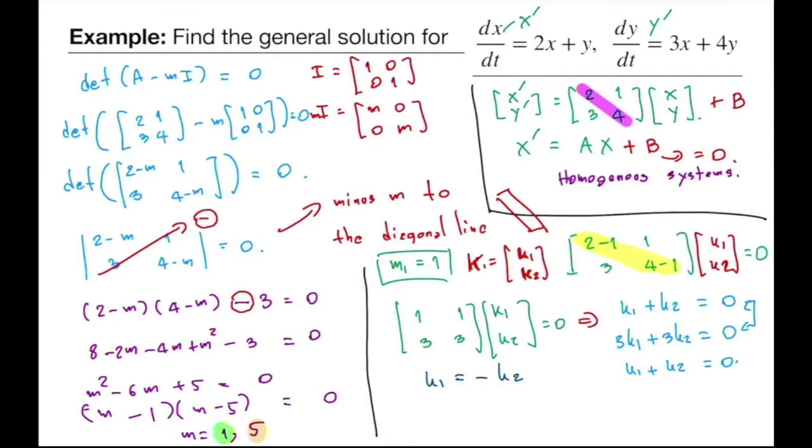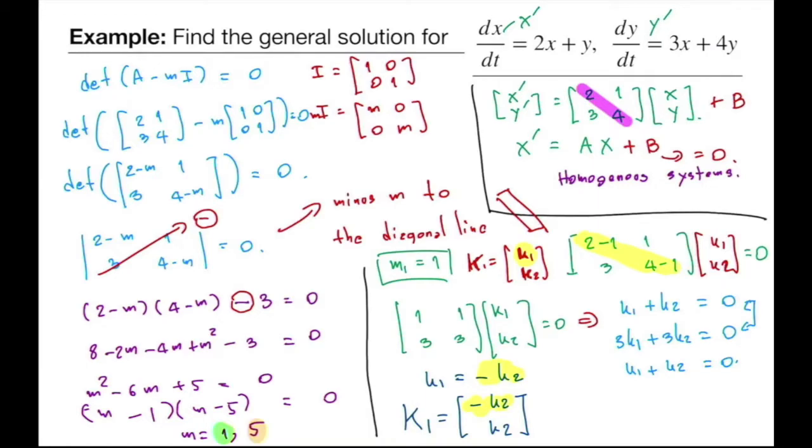So our big vector K1 would be [k1; k2], but k1 is minus k2, so we have [minus k2; k2]. Once we are here, we can substitute the value of k2 with some number.